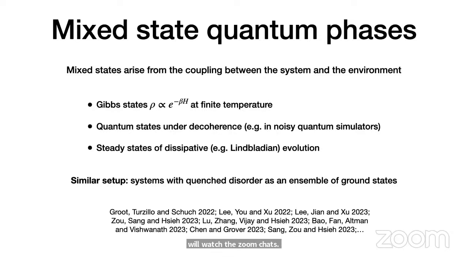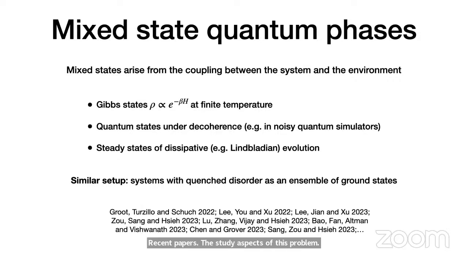All right, so the question of understanding mixed state quantum phases has received quite a lot of attention recently. So here is just a sample of recent papers that study aspects of this problem.